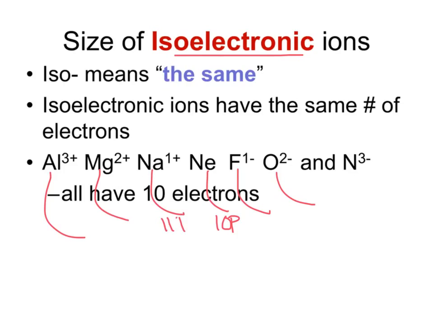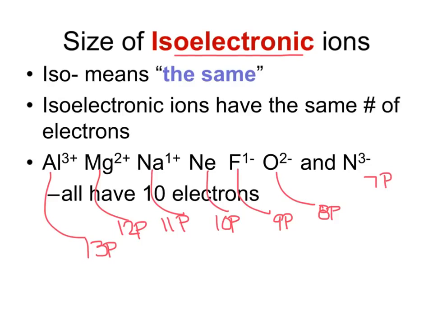Sodium has 11 protons. Magnesium has 12, and aluminum has 13. This is protons. Fluorine has 9 protons, and oxygen has 8 protons, and nitrogen has 7 protons. And I'm just getting this off their number on the periodic table.